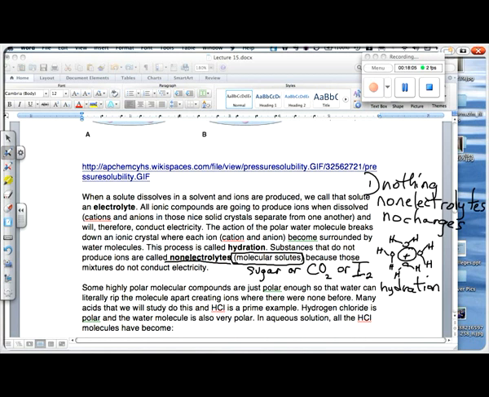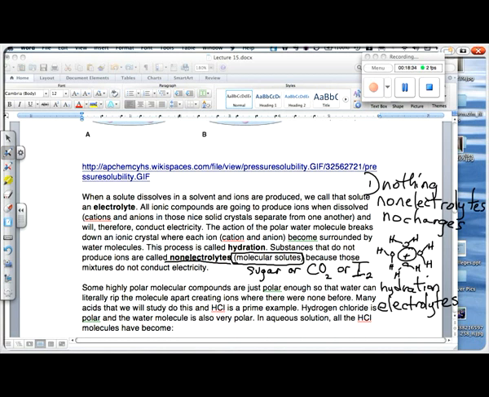All right, substances that do not produce ions are non-electrolytes. This hydration of ions comes from electrolytes because you have produced electrically charged particles. Now, when the ionic compound is in the crystal, the positives and negatives cancel each other out, so you technically don't have charges.